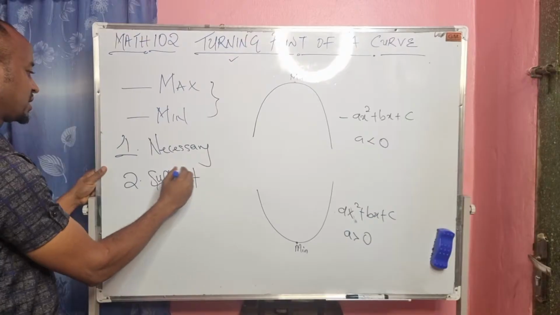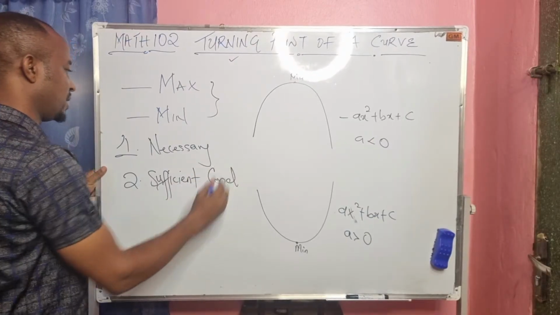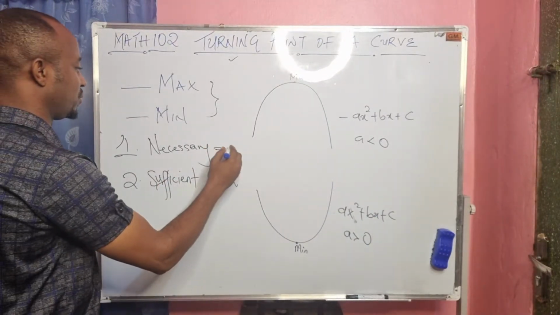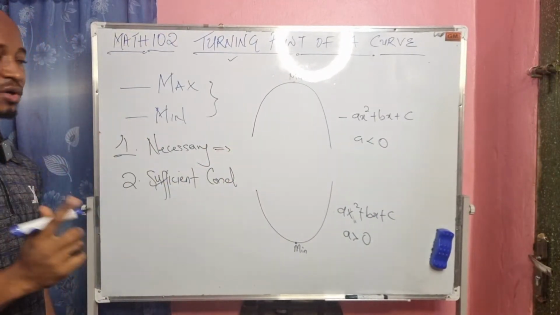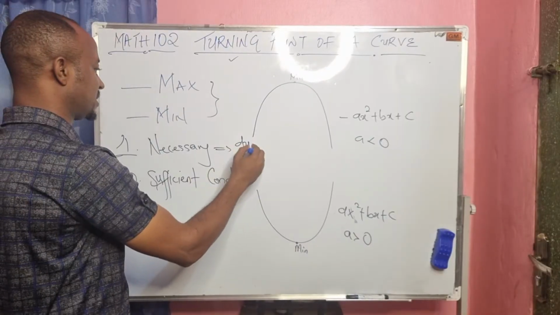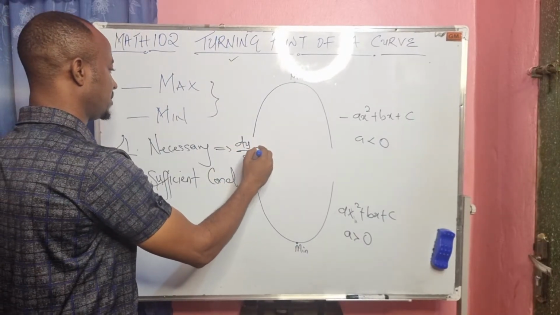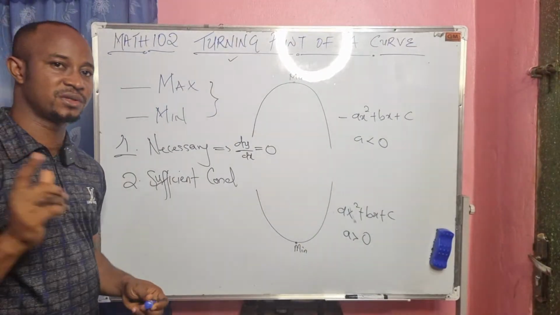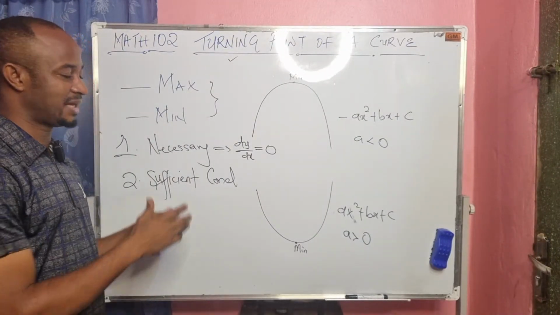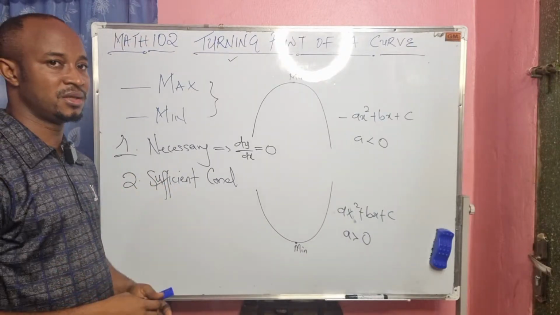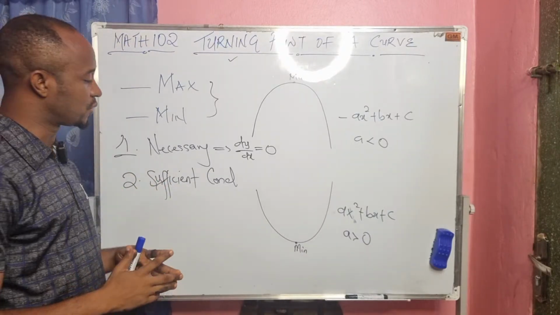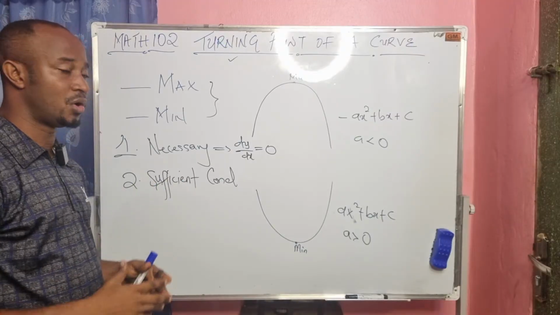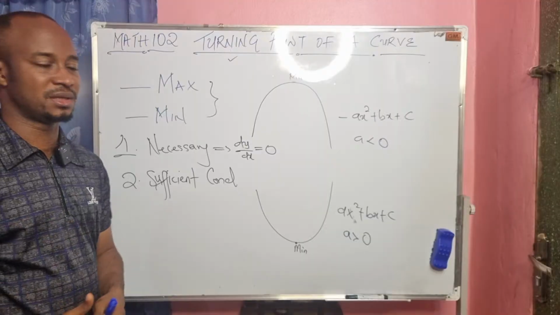When we talk about the necessary condition, we are saying that at every turning point of a curve, dy/dx must be equal to 0. Necessary means this is the first condition we must test before proceeding to classify a curve into either maximum or minimum turning points or a point of inflection, right?